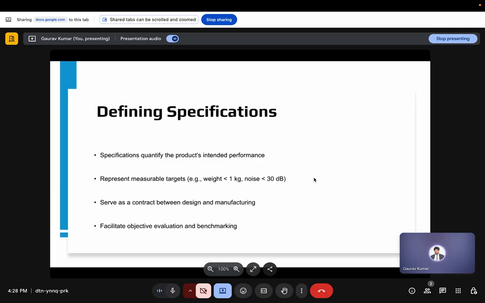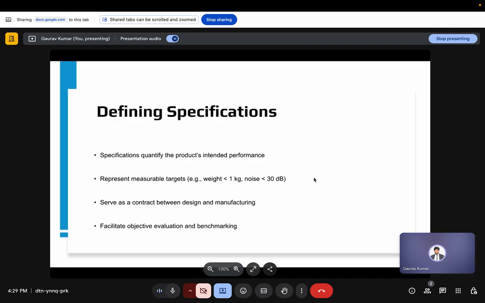Our first is defining specifications. Specifications are the contract of intent: clear, measurable, verifiable. They define performance envelopes, for example, mass less than or equal to 1 kg and noise less than 30 dB. Good specs are necessary and sufficient.